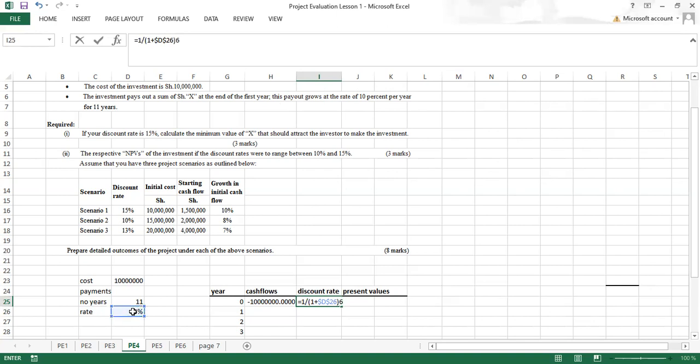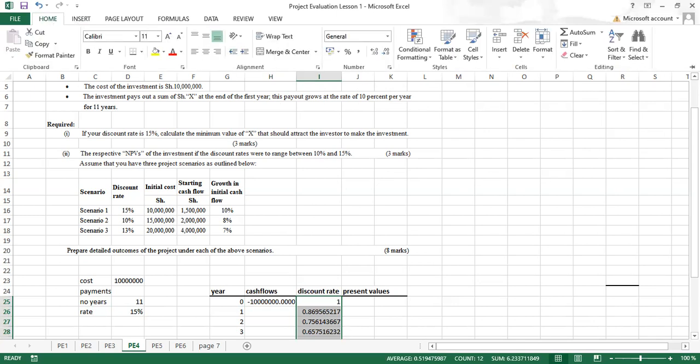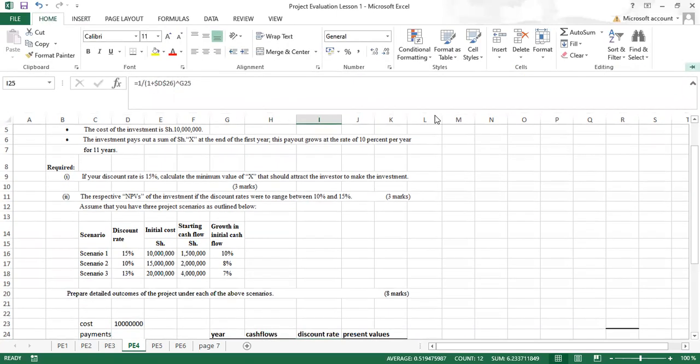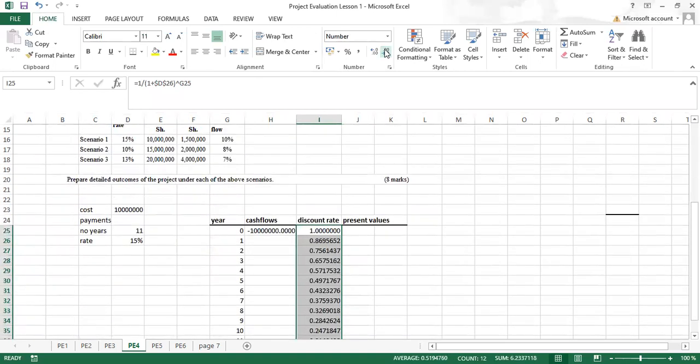We do power, so shift power the year, Control Enter. Then we double click there. You come to Home. We do 4 decimal places.